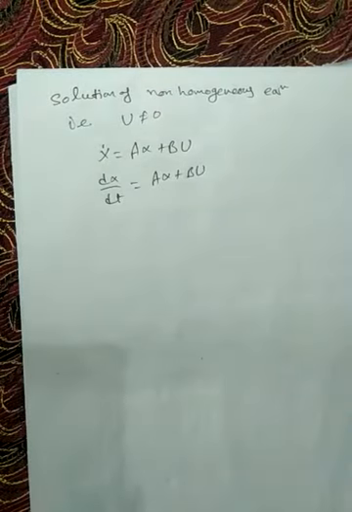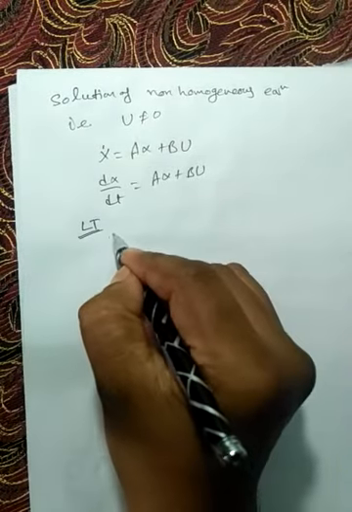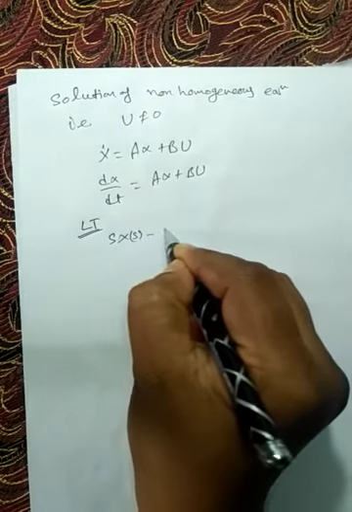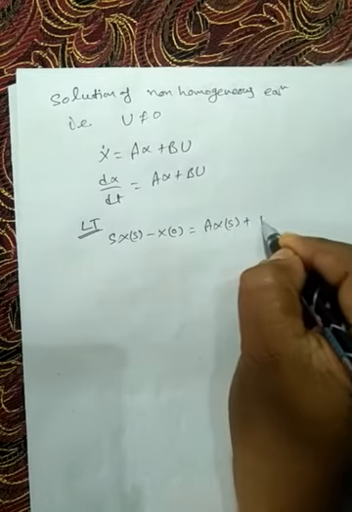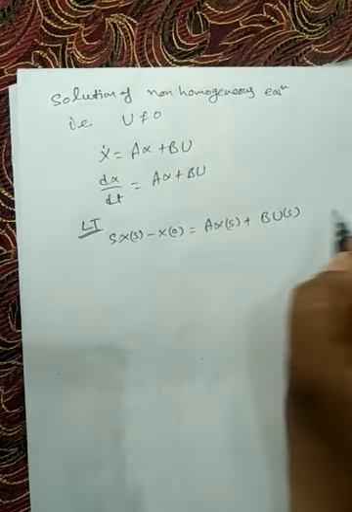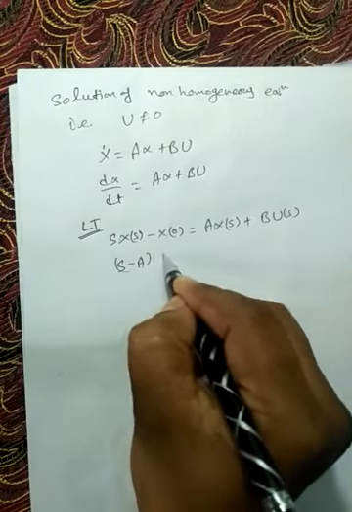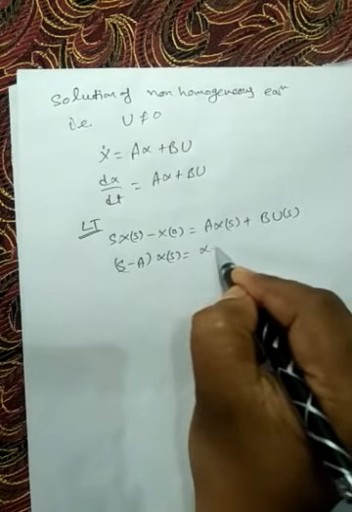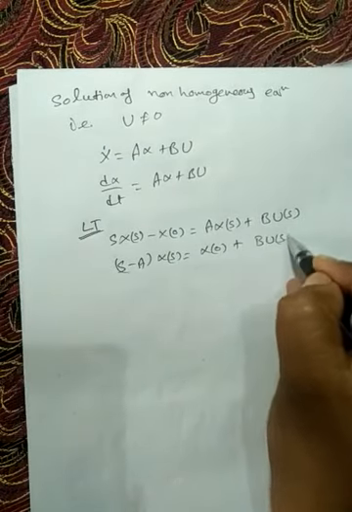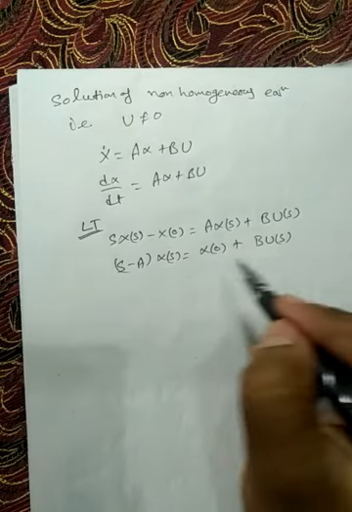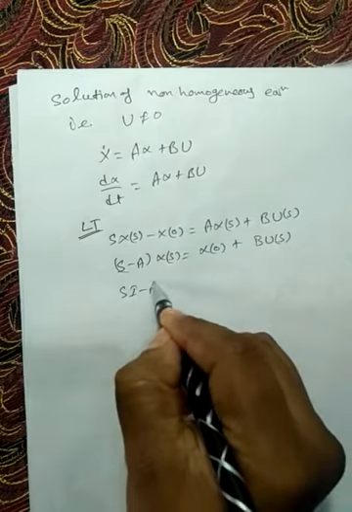Now take the Laplace transform. We have sX(s) minus x naught is equal to AX(s) plus BU(s), or (sI minus A)X(s) is equal to x naught plus BU(s), since A is a matrix.